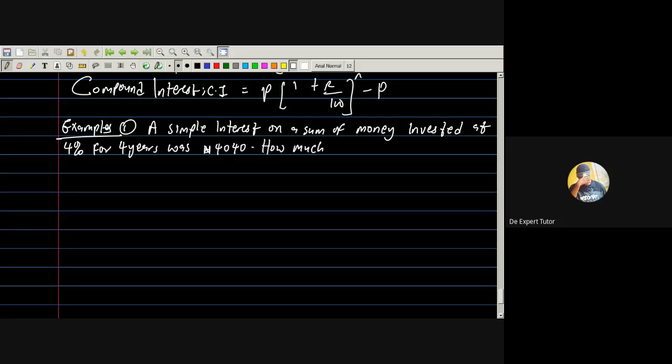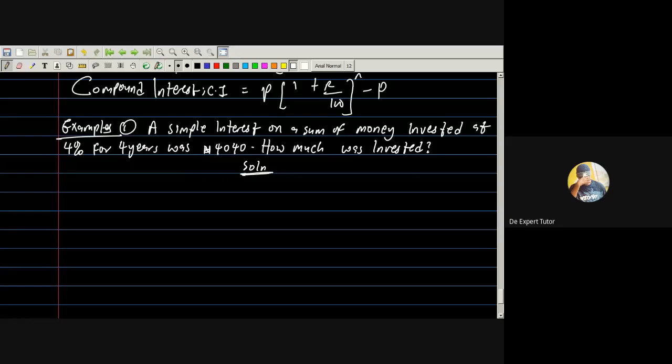How much was invested? Now, solution. Look at this question. A simple interest on a sum of money invested at 4% for 4 years was 4,040 naira. How much was invested?